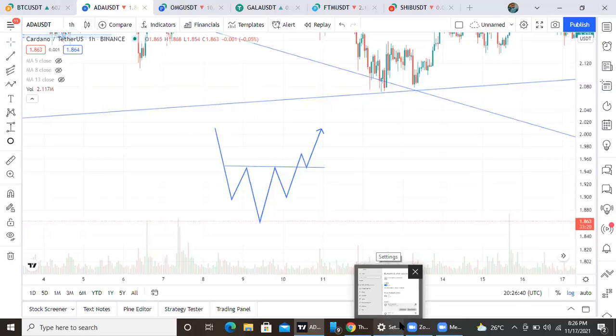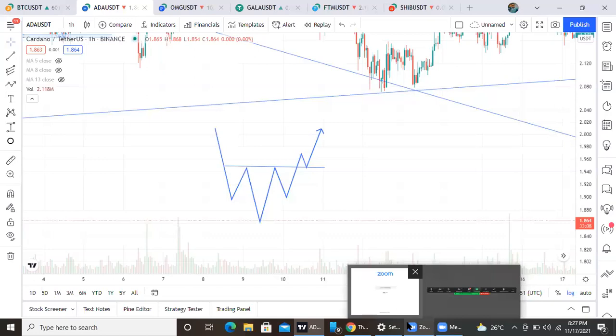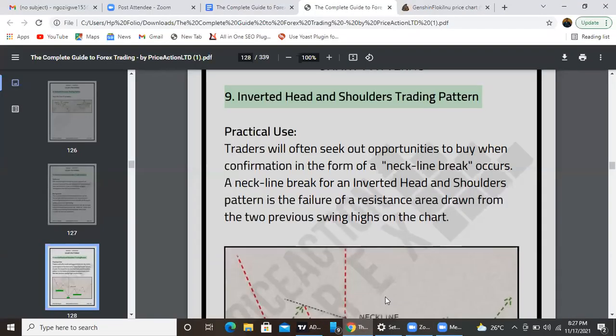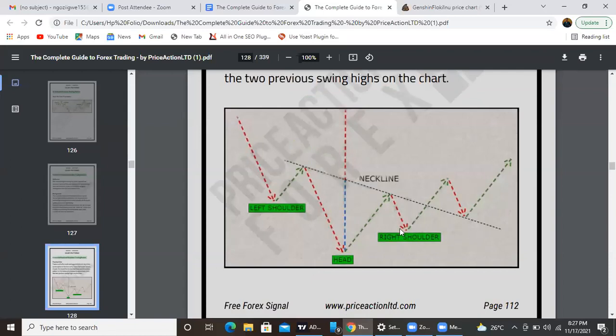So just identify the market structure. It will not be straight. If you have a range like the other one I showed you guys, you can see it's not quite straight, but it has that structure pattern, which is giving you a chart language. Here you can see an example: the left shoulder, the head, and the right shoulder, the neckline, the break of the neckline, the retest.